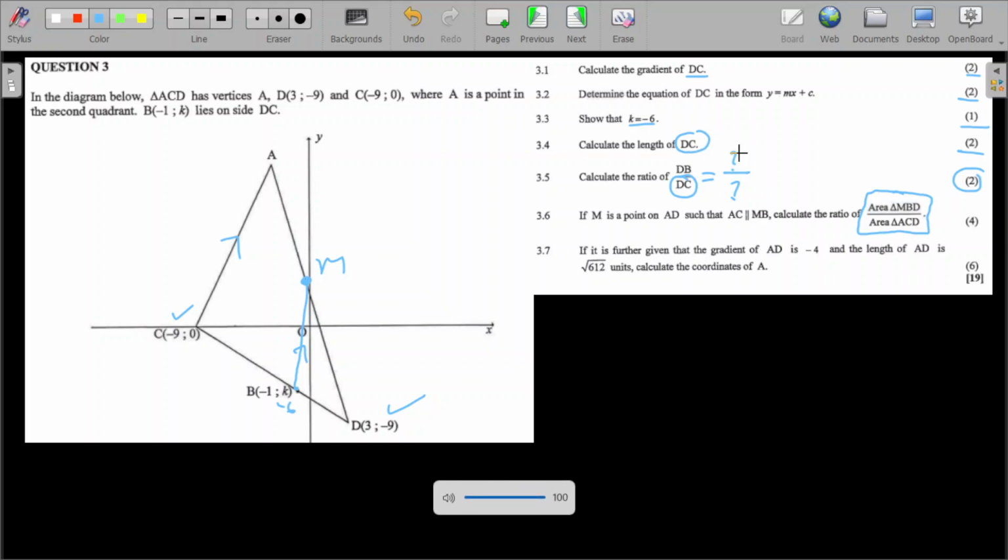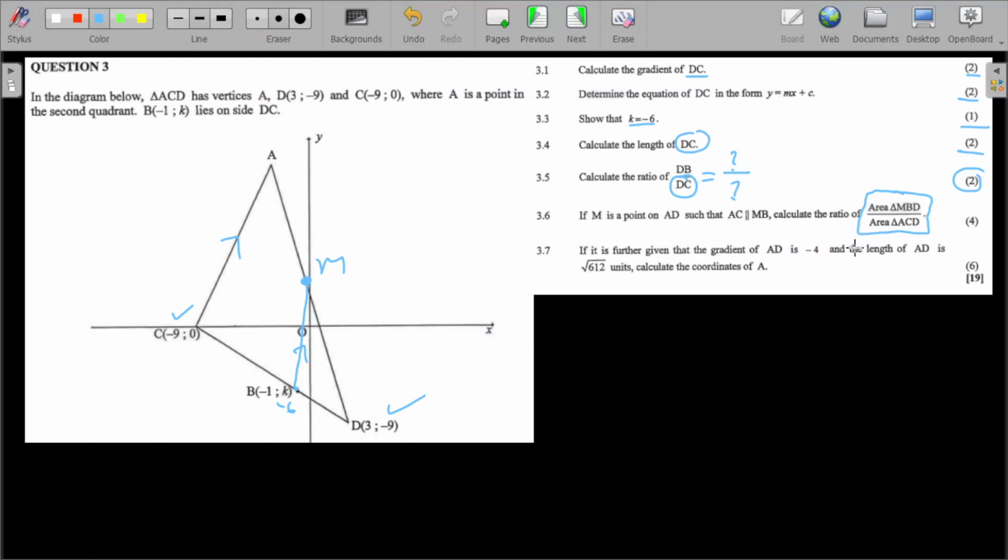Very, very important. Again, it's further given that the gradient of AD is -4, and the length of AD is this. Calculate, guys, a simultaneous equation needs to come into play now.